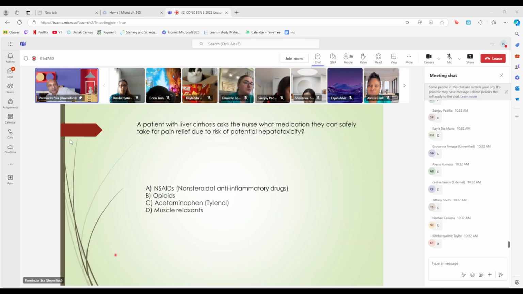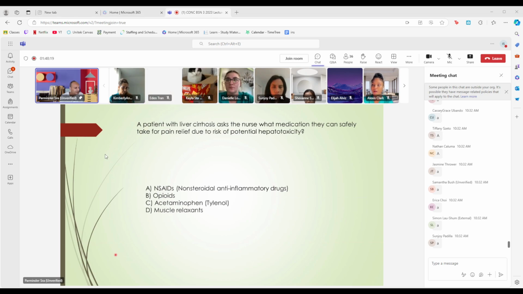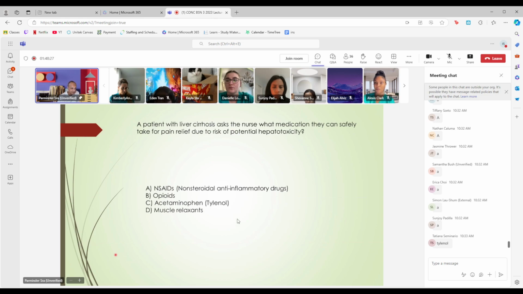Okay, I want you guys to read the question again, please. Okay, now I see answers changing. The question is asking, due to risk of potential hepatotoxicity, what they can take safely. Now, which drug can put the patient at risk of hepatotoxicity, liver damage? Tylenol. So Tylenol is crossed out here. That's not a choice.